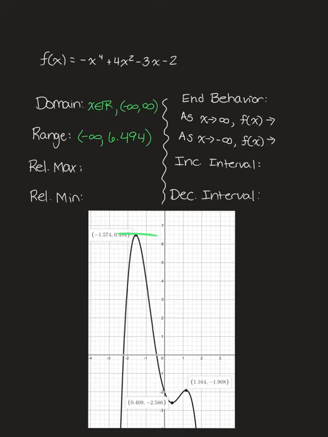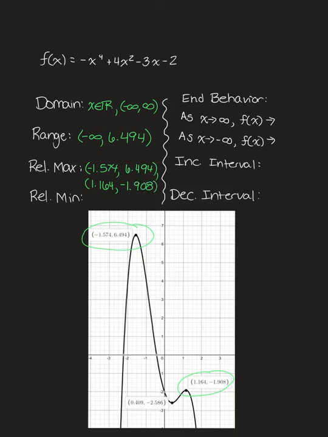Now let's look at relative maximums. Okay, I have two. I have one here, and I have one there. Okay, so I have two relative maximums: (-1.574, 6.494), and the second one is (1.164, -1.908).